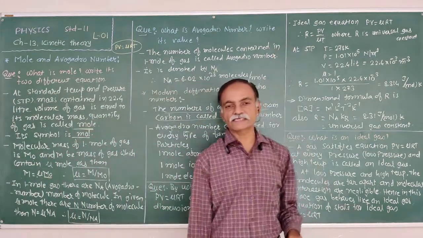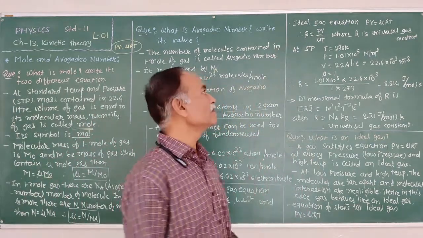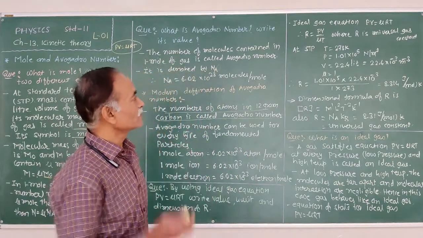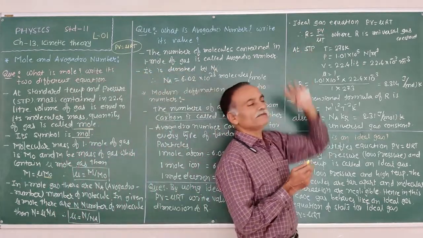So from this equation, R is equal to PV upon mu T.